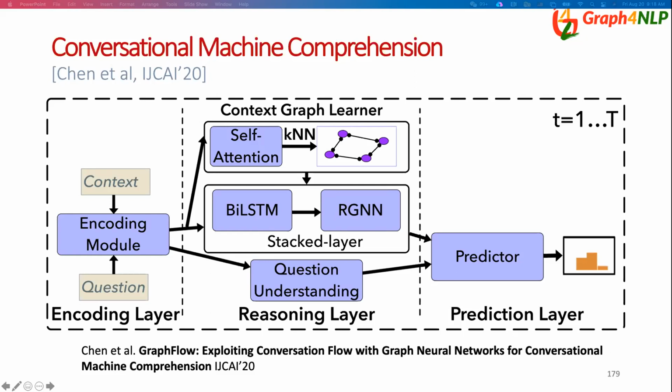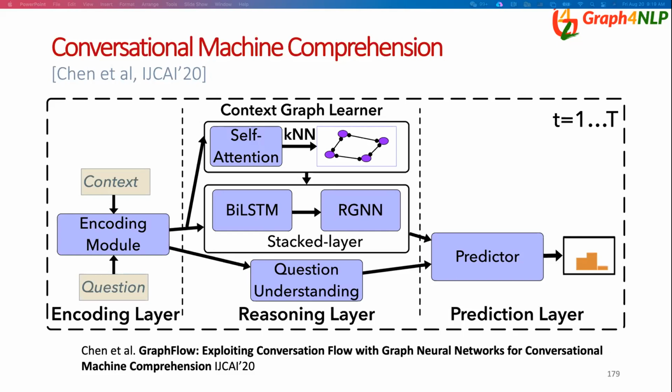The major technical contribution is in the reasoning layer. It has a context graph learning component that dynamically constructs a question and conversation history aware context graph at each turn to model semantic relationships among context words.